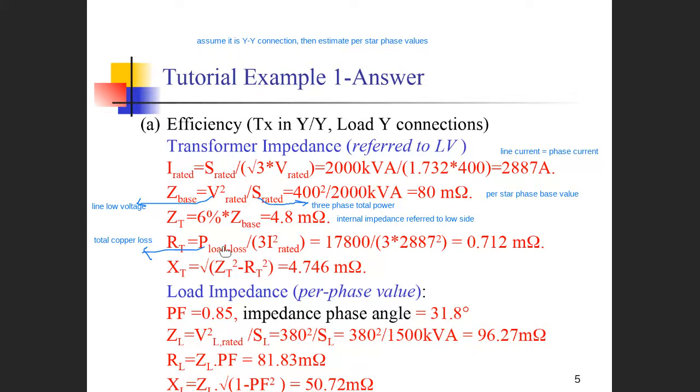The total copper losses give the per phase internal resistance referred to low voltage side. So you can get the per phase internal resistance referred to lower side.